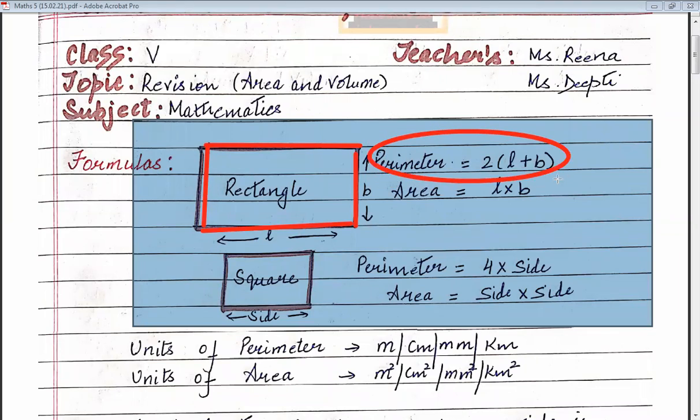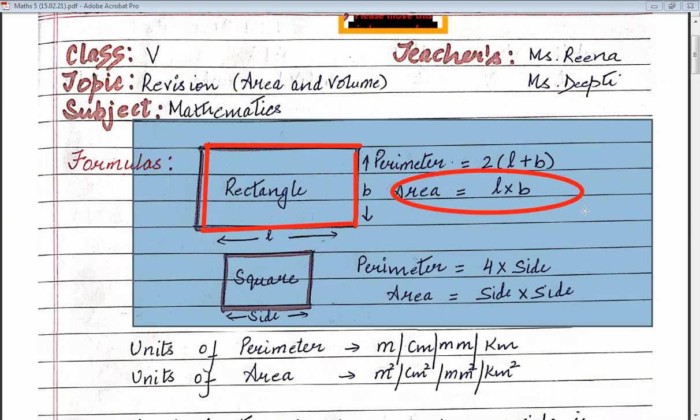I repeat, the formula of perimeter of rectangle is twice (length plus breadth). And the formula to find the area of a rectangle is length multiplied by breadth. I repeat, the formula to find the area of a rectangle is length into breadth.